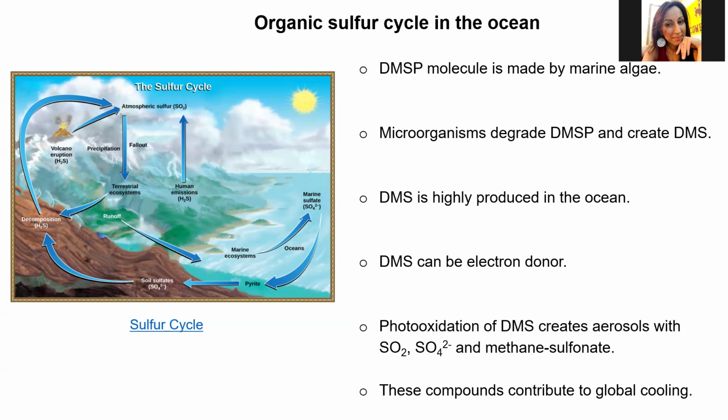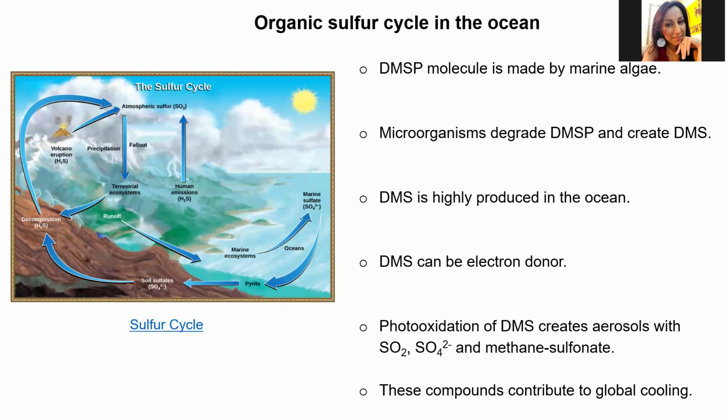I'm not putting a full name on this DMSP compound because it's really complicated to pronounce. But what is important is that microorganisms in the ocean are able to degrade DMSP and make DMS. So you will see the ocean overloaded with this DMS compound.